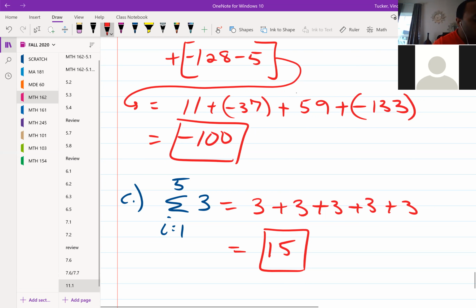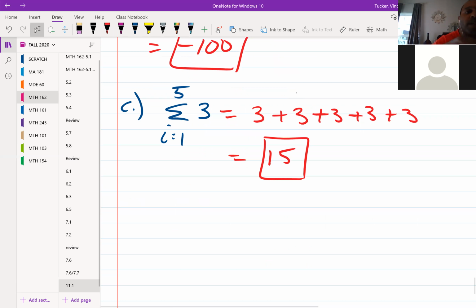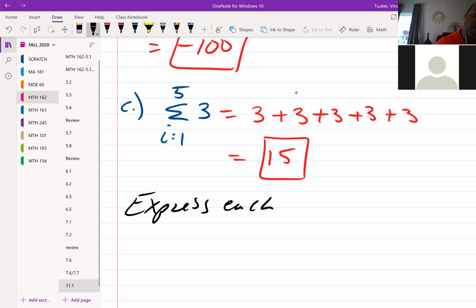Let's see. For the last thing, it may ask you to go through the process in reverse. So this is what I mean by that. Express each sum.